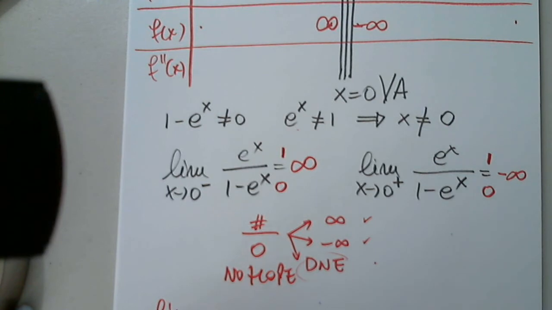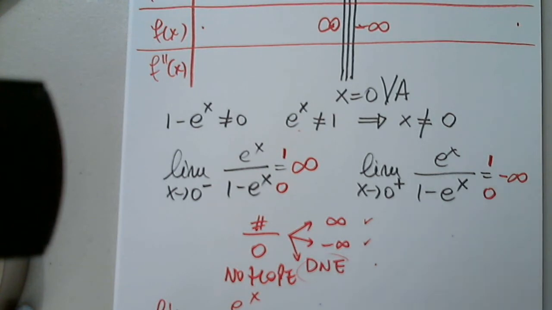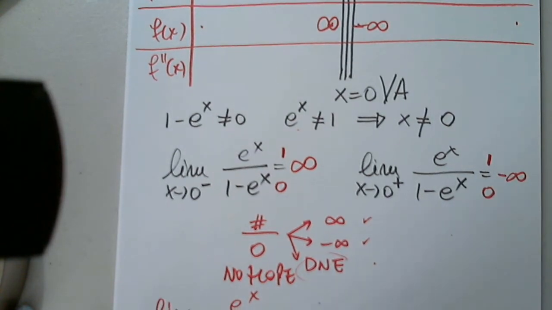Yes. Thank you. So then, limit as x approaches negative infinity of e to the x over 1 minus e to the x. Where is the numerator going when x approaches negative infinity? What is this approaching? Infinity. Careful.